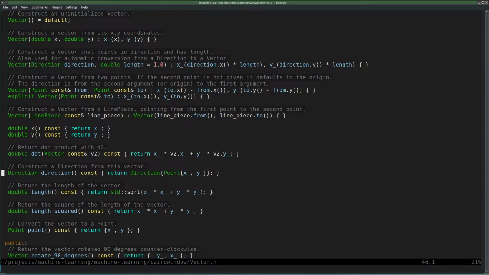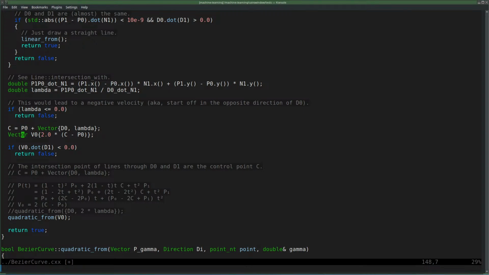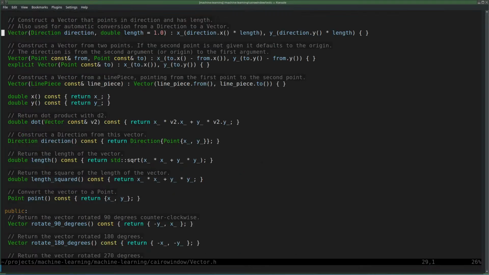This would calculate the square root. Don't want to do that. But yeah, I think it's explicit. Constructing a vector from a direction. It's not explicit.